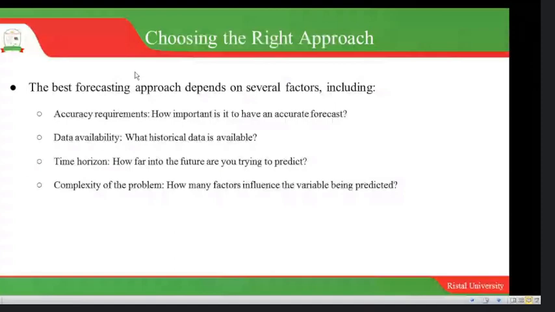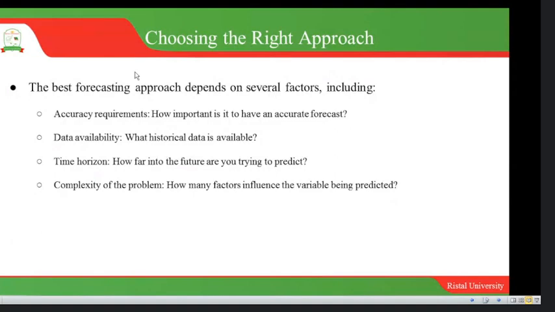If we are using most of these models, then the question is, do we have historical data that is available? If we do not have, then that means forecasting is going to be a problem. Time horizon: how far into the future are you trying to predict? You've seen most of them are emphasizing short-term prediction.